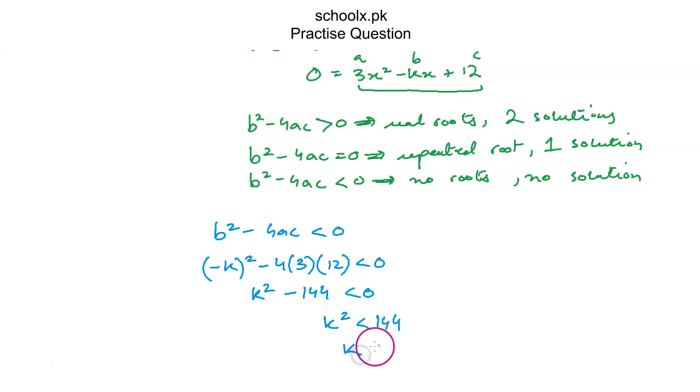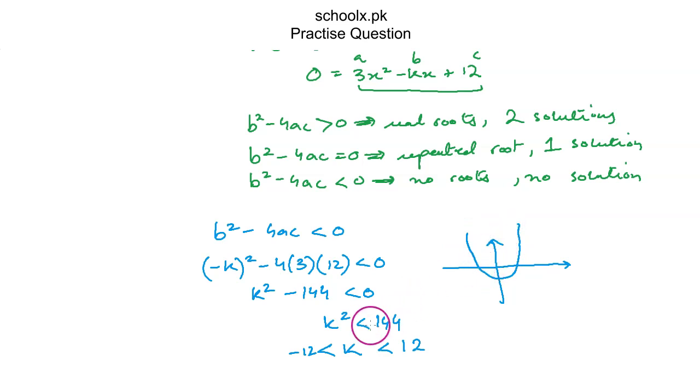So it will be from positive 12 less than positive or greater than negative 12, right? Because if I draw the graph of k squared equals 144, I'll get a graph of somewhat like this. Right?